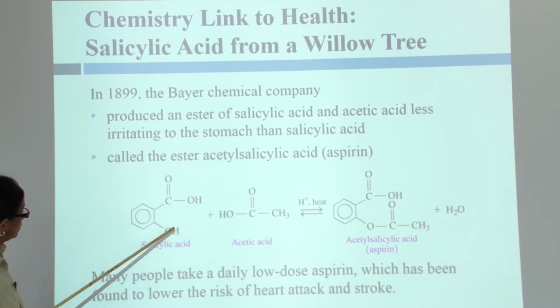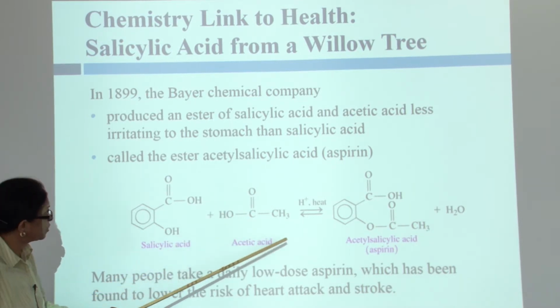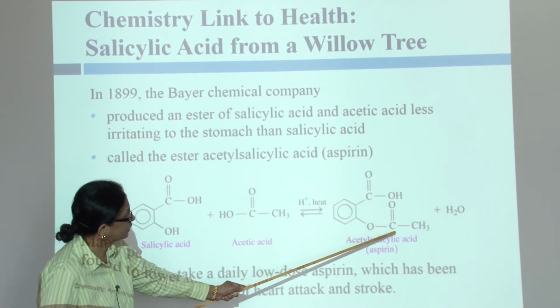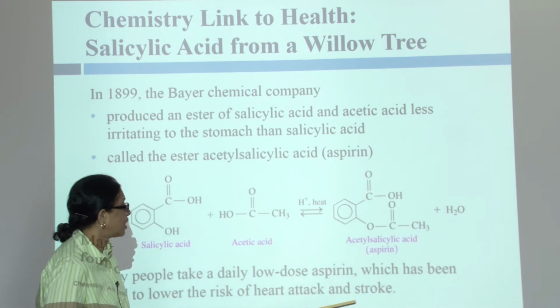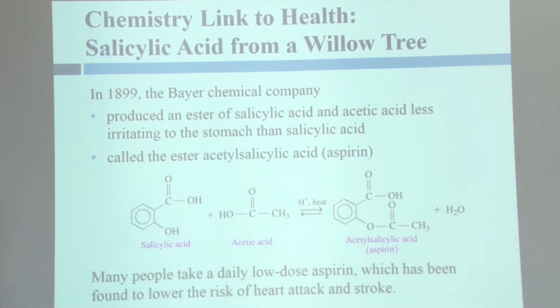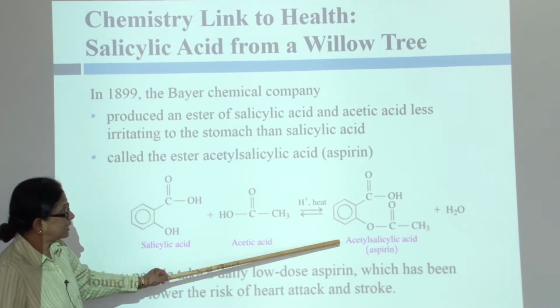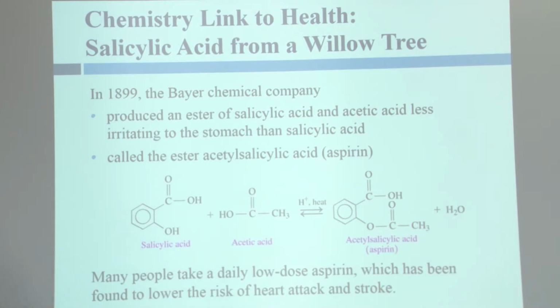So now this is the alcohol group, this is the acid. So it is connecting to the alcohol with the elimination of water, acetyl salicylic acid. Many people take a daily dose of low aspirin, which has been found to lower the risk of heart attack and stroke. But aspirin, the chemical structure is acetyl salicylic acid.